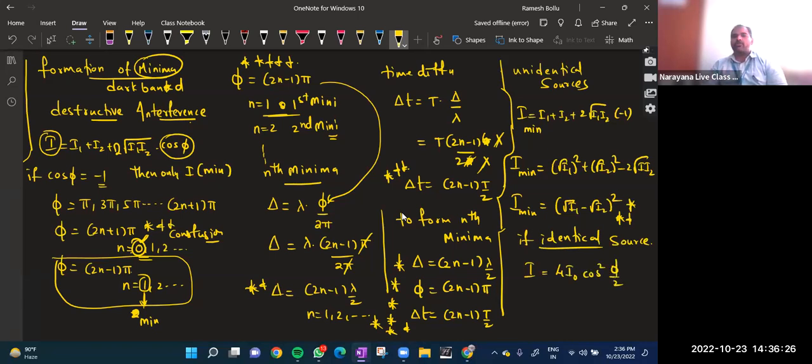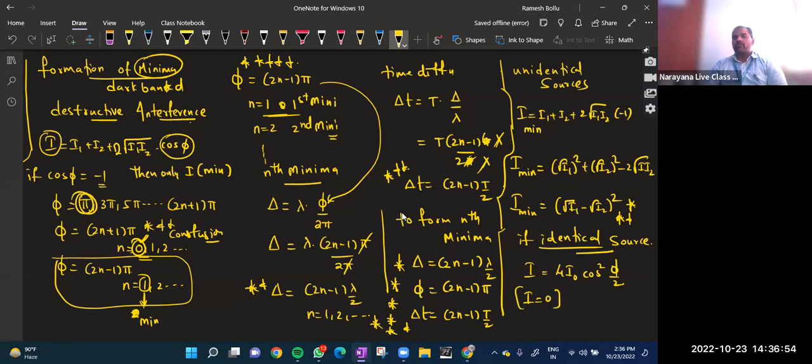What value should I put for phi? For identical sources, the phase is pi, so pi you have to put. Pi by 2 means what? Cosine 90. How much is that? 0.